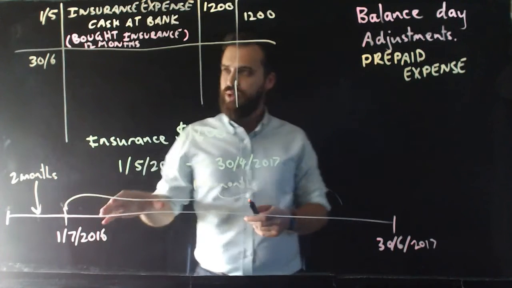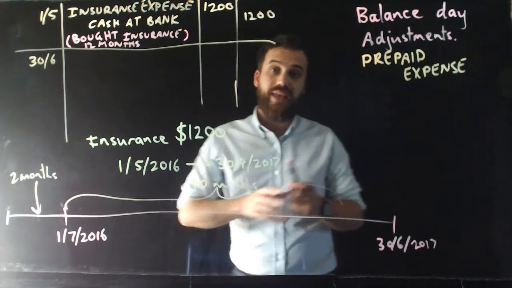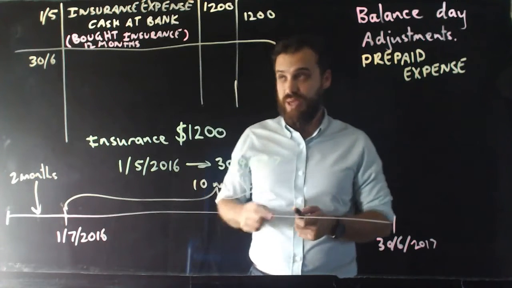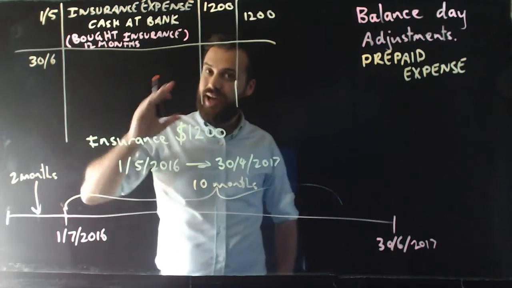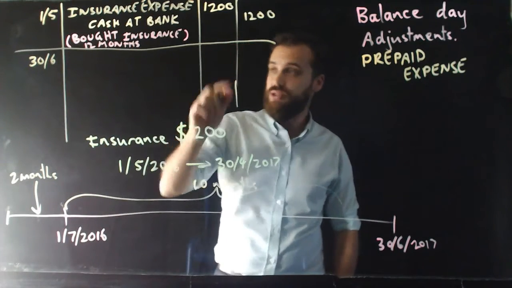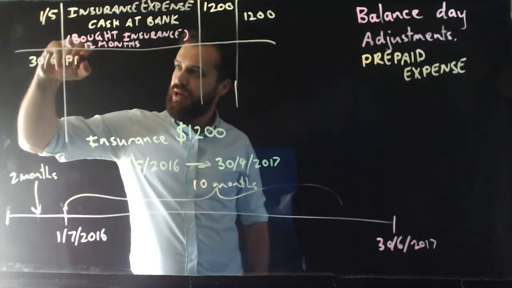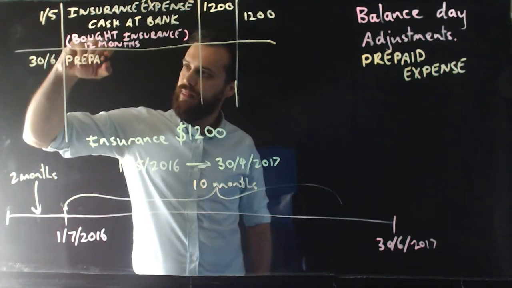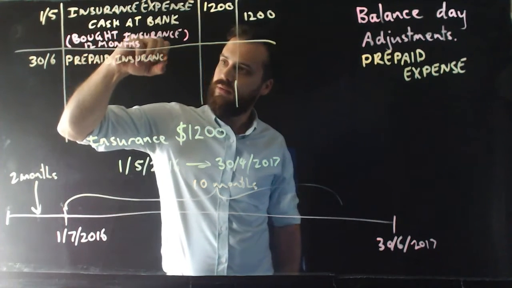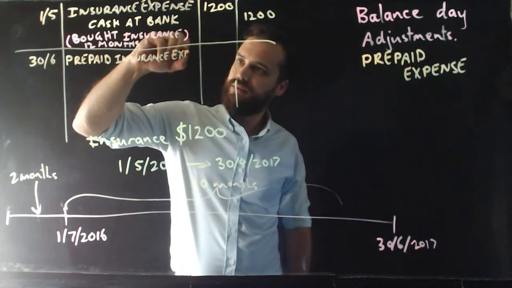Now, the other thing we need to do is create an asset called a prepaid insurance expense. Okay, so an asset, create an asset. So if we're creating an asset, that must be on the debit side. So prepaid insurance expense.